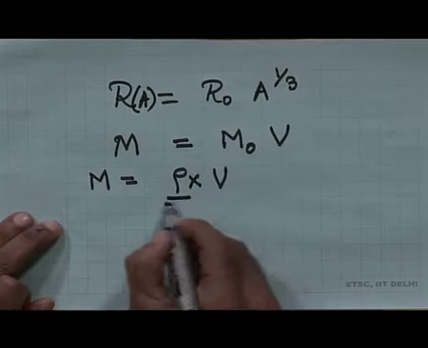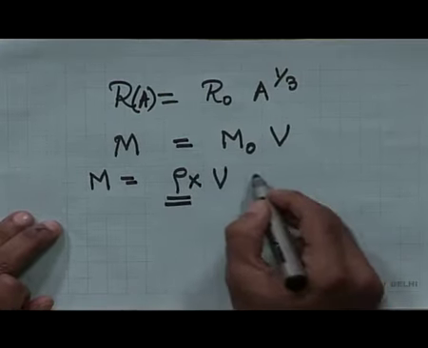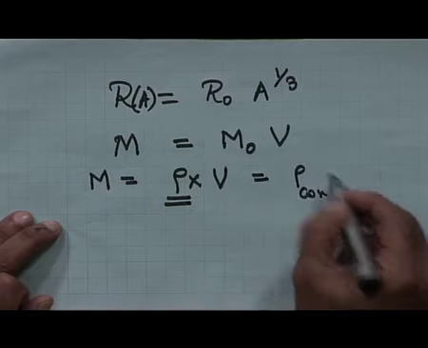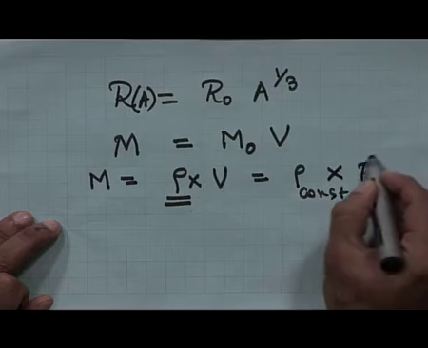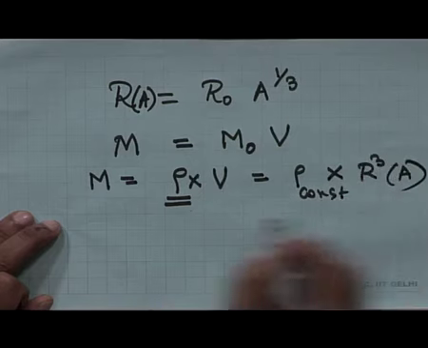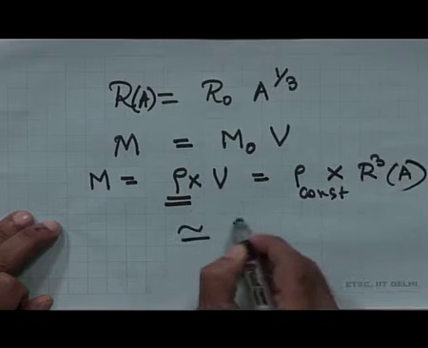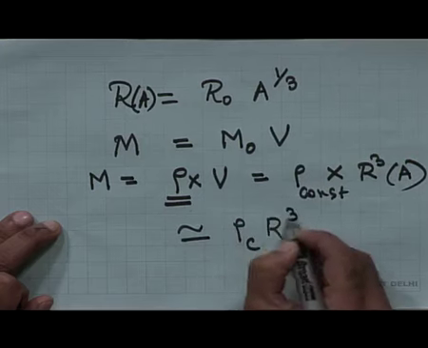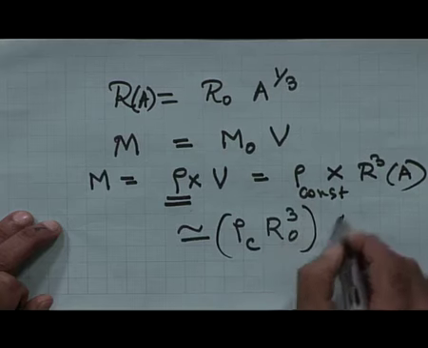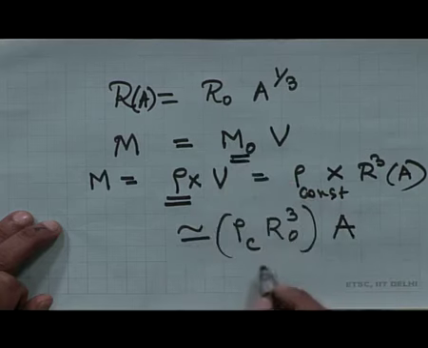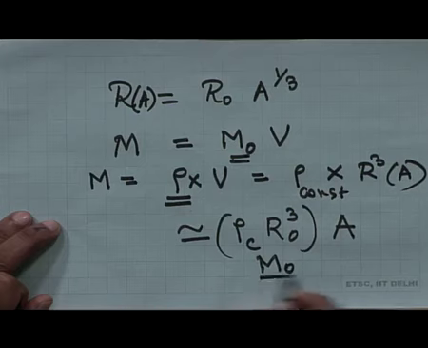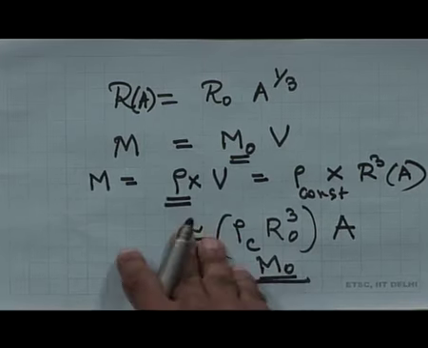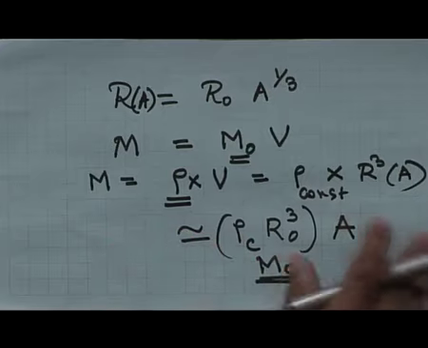We already said that this density is a constant. Therefore, this is rho constant into R cubed of A, which is rho constant into R0 cubed, which is another constant, into A. So this is my m0. That is what I have.